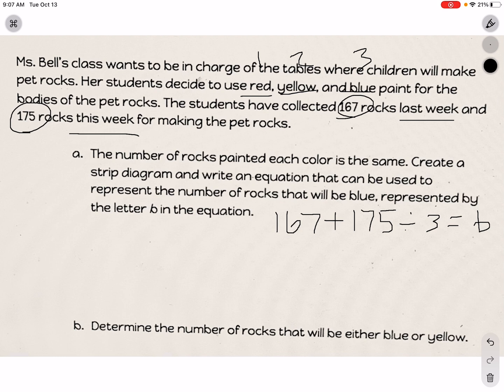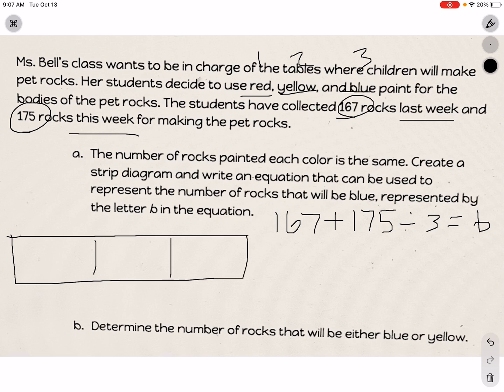If we wanted to make a strip diagram representing this, you would break it up into 3 pieces, with this one piece representing B. And we could just say the whole thing here could represent 167 plus 175.